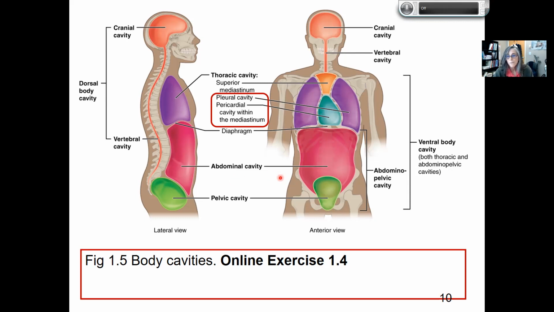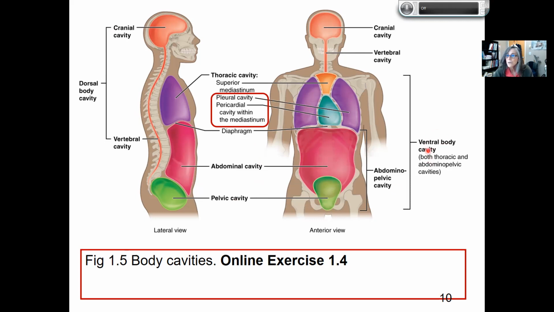The first subdivision is the two big ones, your dorsal cavity versus your ventral cavity. Your dorsal cavity is subdivided into the cranial cavity and the vertebral cavity. That's it, dorsal is done. The rest of it has to do with the ventral cavity.